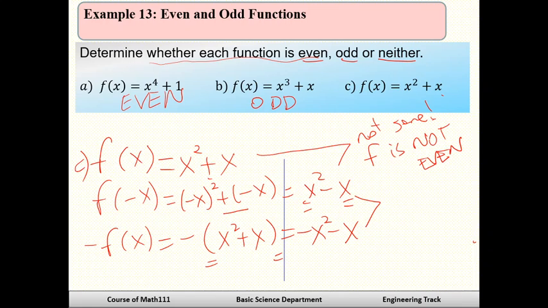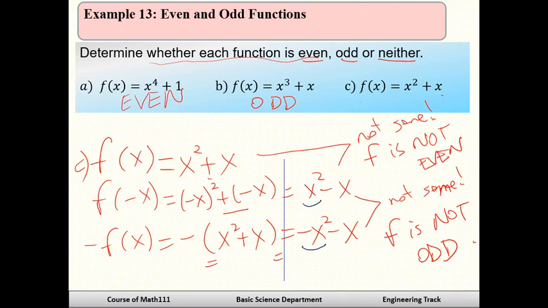Are they same? Look at this part here. Minus x is okay, but we have x squared here, and this is minus x squared. They're not same. So we say f is not odd.